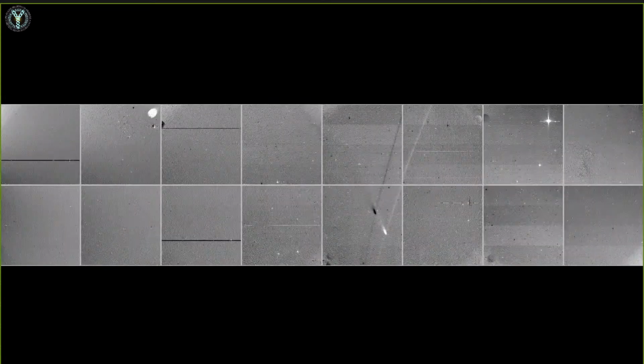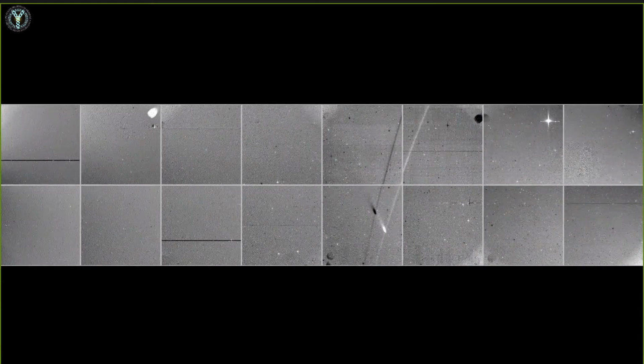So there are frames which are bad, and you can clearly see the bad frames here. This series of frames is bad because a momentum unload was performed during this data acquisition cycle, which means that the pointing was not so stable, so you can clearly see that the residuals of the stars are bigger.